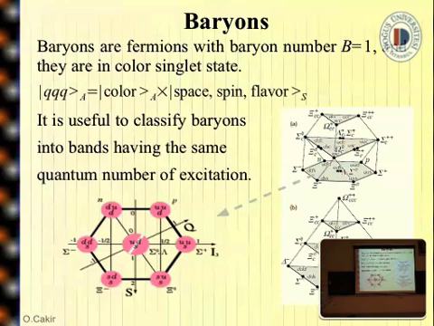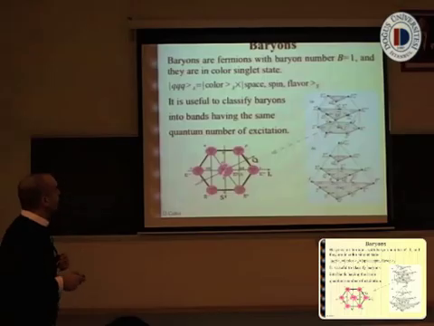What about the baryons? Baryons are bound states of 3 quarks, QQQ states, and because it is a fermion, its wave function should be antisymmetric.